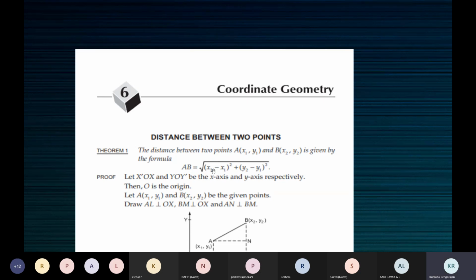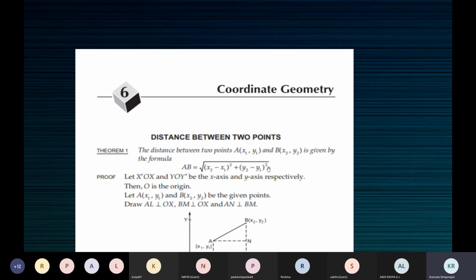Which means you simply have to subtract the x coordinates and square it, plus subtract the y coordinates and square it. And one more thing is you can write this first and then also this because it's addition. You could write y2 minus y1 the whole square plus x2 minus x1 the whole square because it's addition, no?